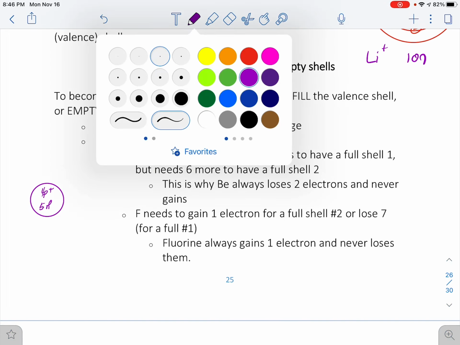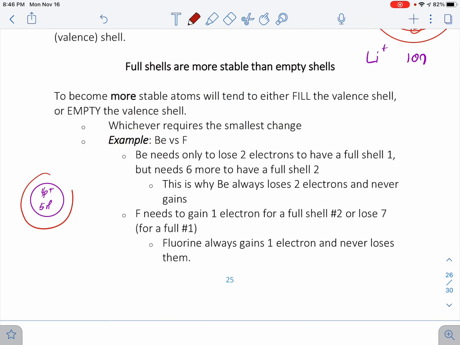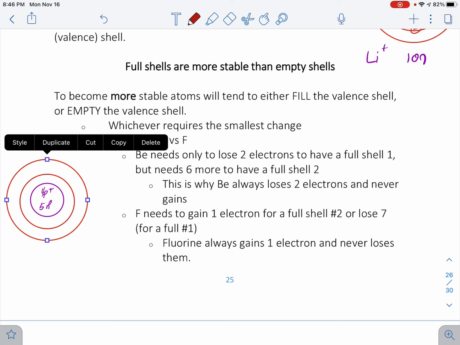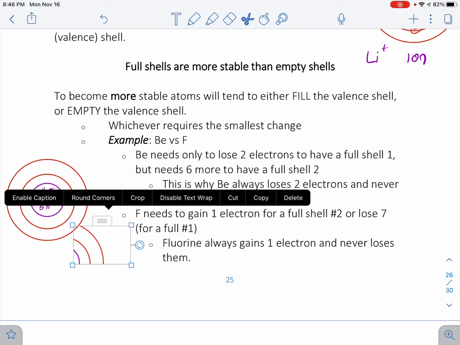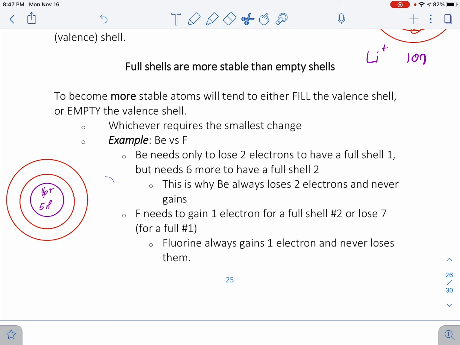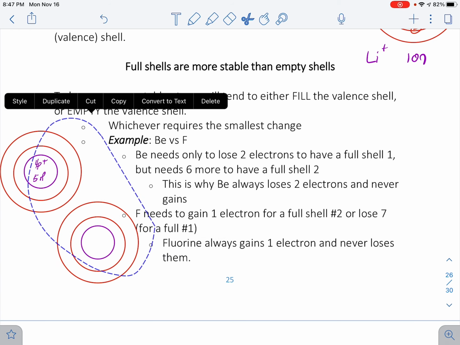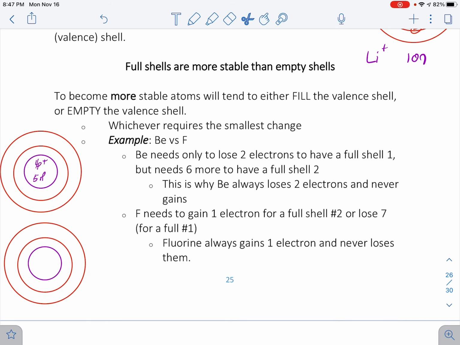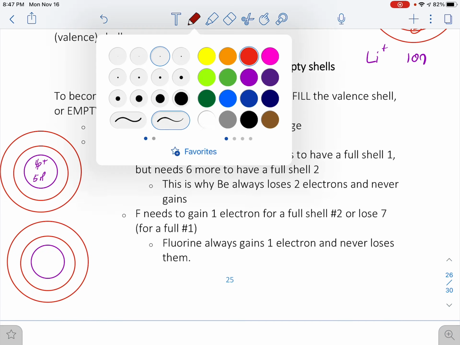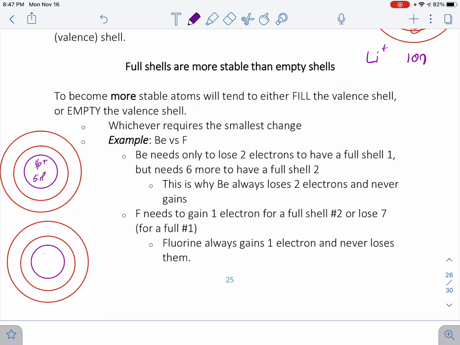And then it has its electron shells, 1 and 2, like this. And I'm just going to copy this structure here, copy and paste, just to make everything a little bit more symmetrical. Okay, there.